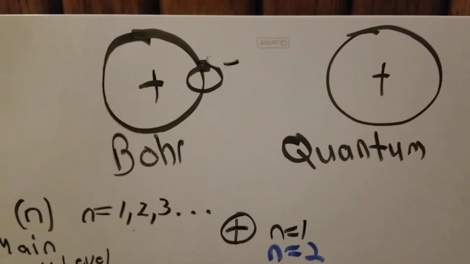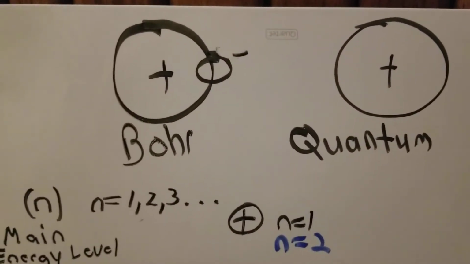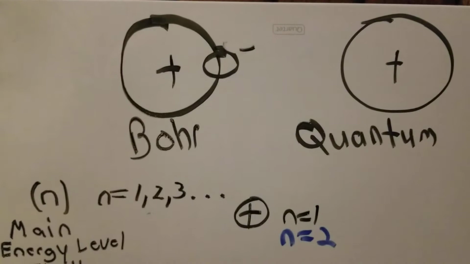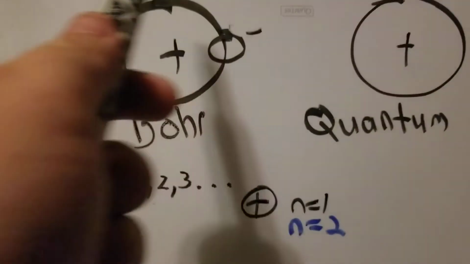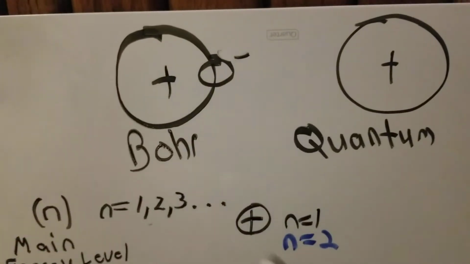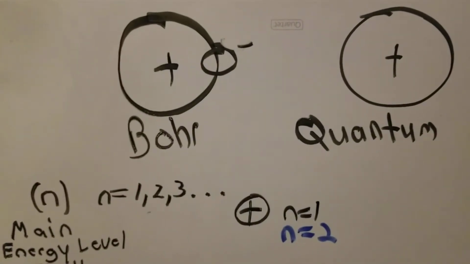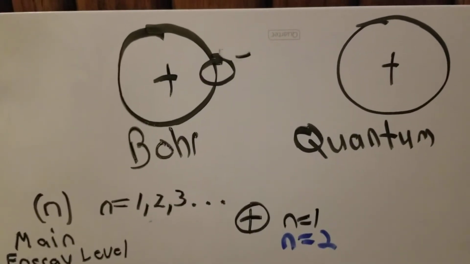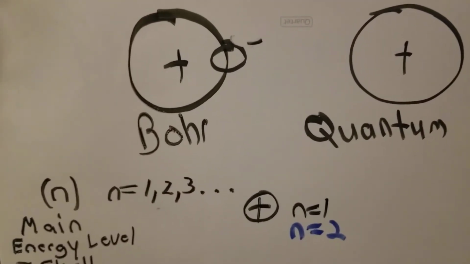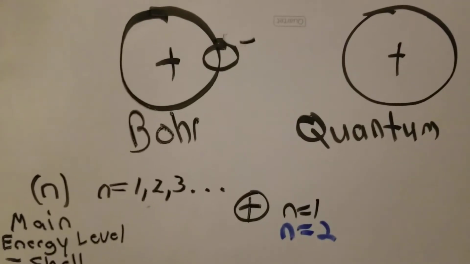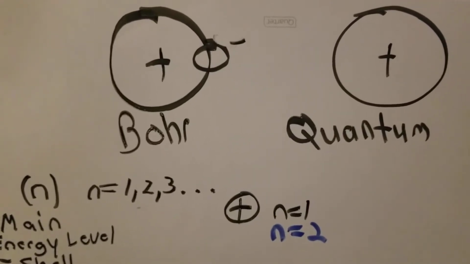Originally, the Bohr model of the hydrogen atom saw the electronic structure as an electron orbiting the nucleus, much in the same way a planet orbits the sun. But as we increase our understanding of the electronic structure and how that world works, many things just did not fit with that model.